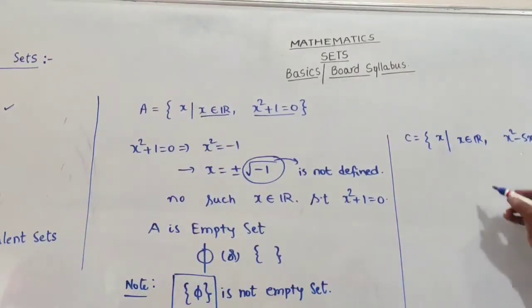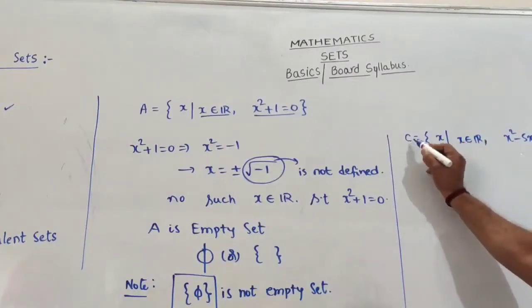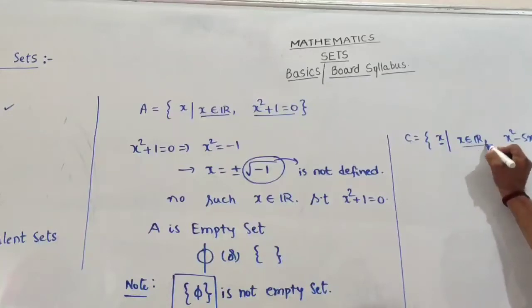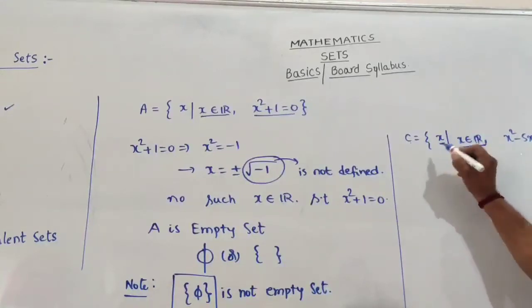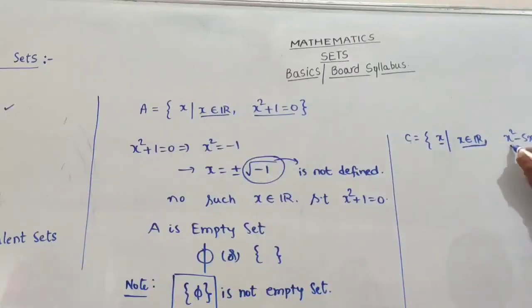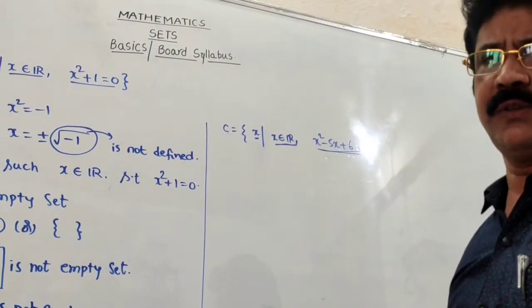This is presented in set builder form. The condition is x square minus 5x plus 6 equal to 0.